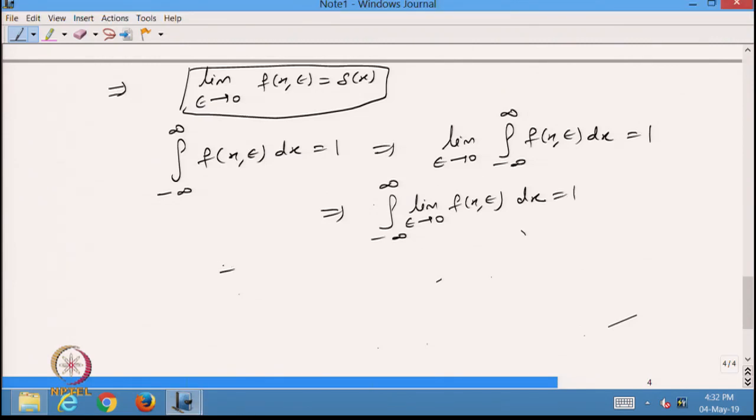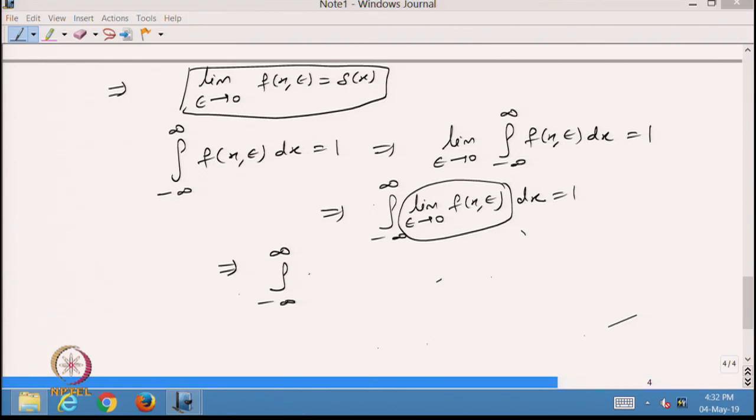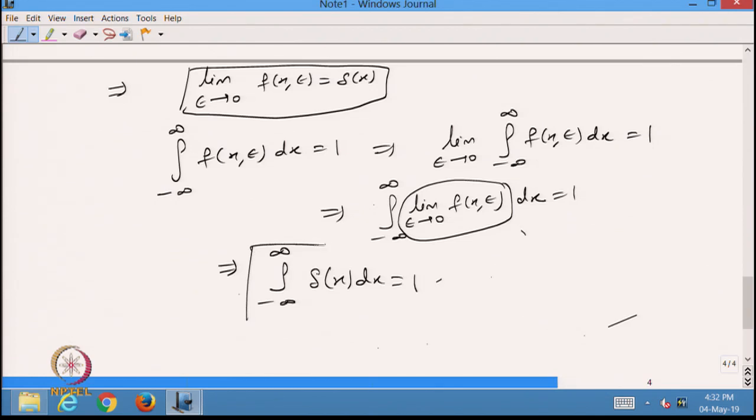I have just defined that this limit is equal to the delta function. So the integral from minus infinity to infinity of the delta function of x dx is equal to 1. This is what we wanted to prove.